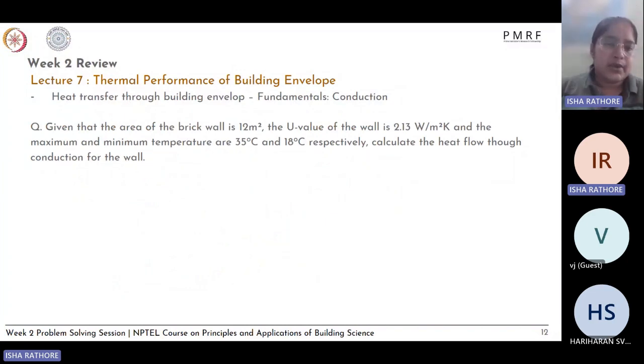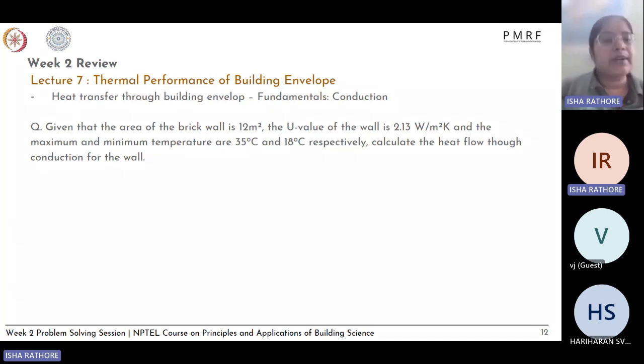Given that the area of the brick wall is 12 meters square, the U value of the wall is 2.13 watt per meter square Kelvin, and the maximum and minimum temperatures are 35 degrees centigrade and 18 degrees centigrade respectively. Calculate the heat flow through conduction for the brick wall. You just have to use the conduction equation, which we looked at in the previous slide, which is Q is equal to UA delta T.